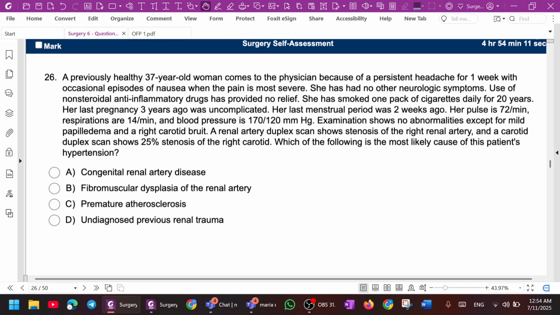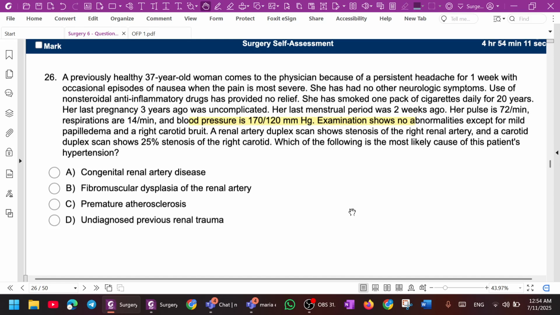Her pulse is 72 per minute, respiration 14 per minute, blood pressure 170 by 20. Examination shows no abnormality except for mild papilledema and right carotid bruit.